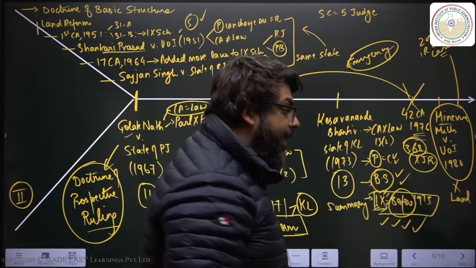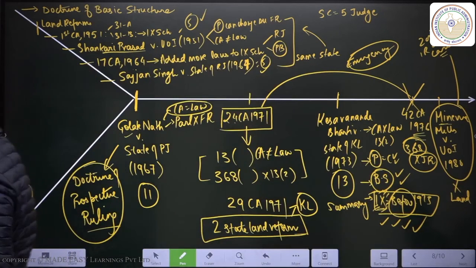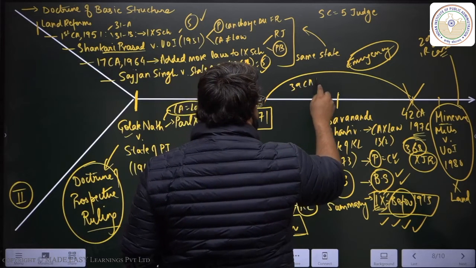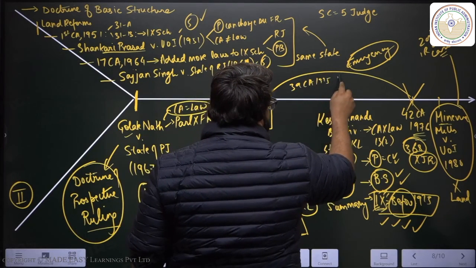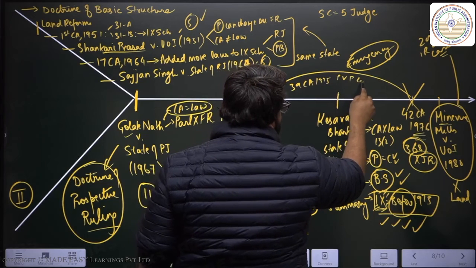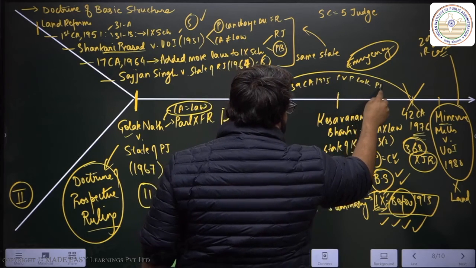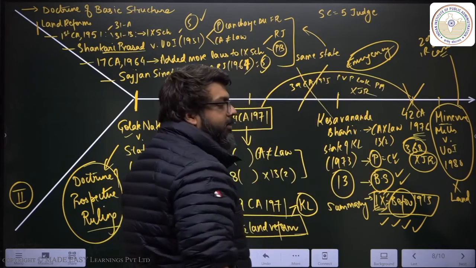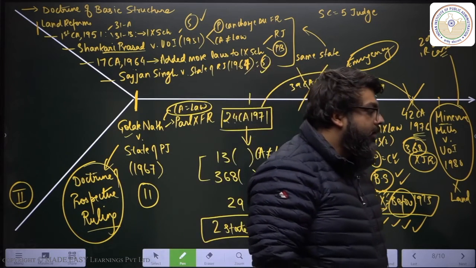And then she tried to pass a very naughty amendment, a very, very naughty amendment called the 39th Amendment of 1975, wherein she said that the election of the president, the vice president, the Lok Sabha speaker and the PM cannot be judicially reviewed. The Supreme Court shut it down, said, what is wrong with you?